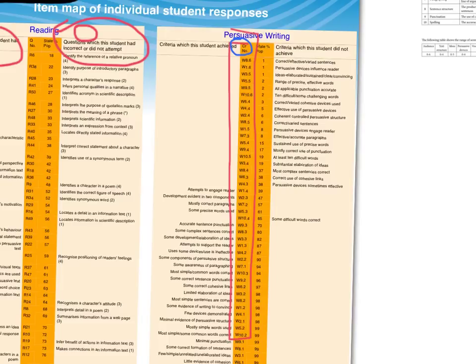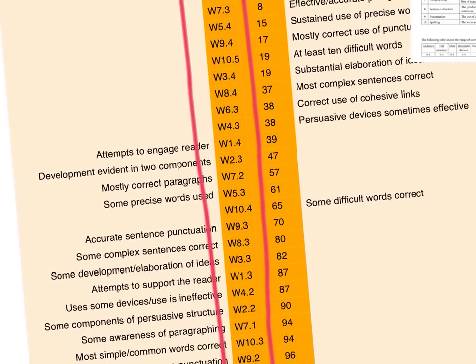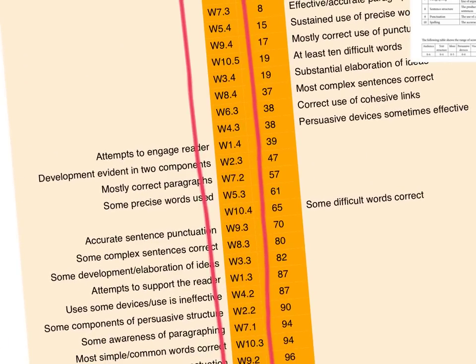So if I can actually just get in here, for example, we've got W10.4. Now what does that mean? On its own it doesn't mean anything, so what we need to do is have a look at the criteria and see what W10.4 actually refers to, and that's what we're going to do now.